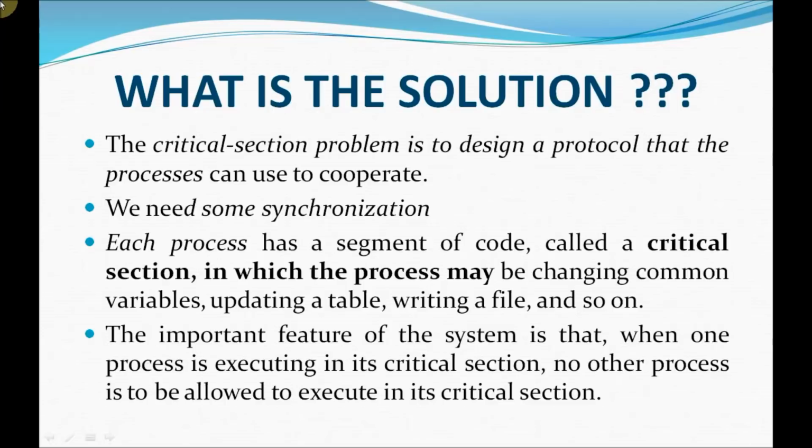When one process is executing in its critical section, the second process will wait until the first process finishes the execution, and then it will start its execution. Thereby, both processes are going to read the correct data. Getting it, guys?